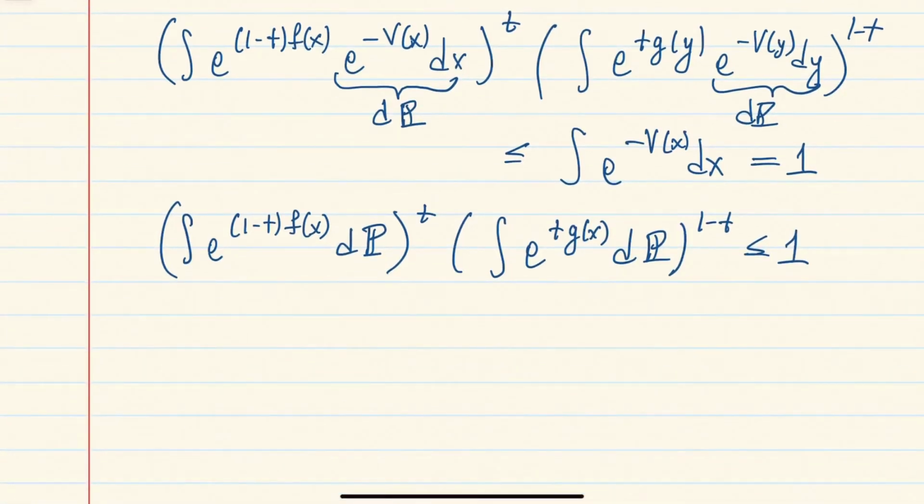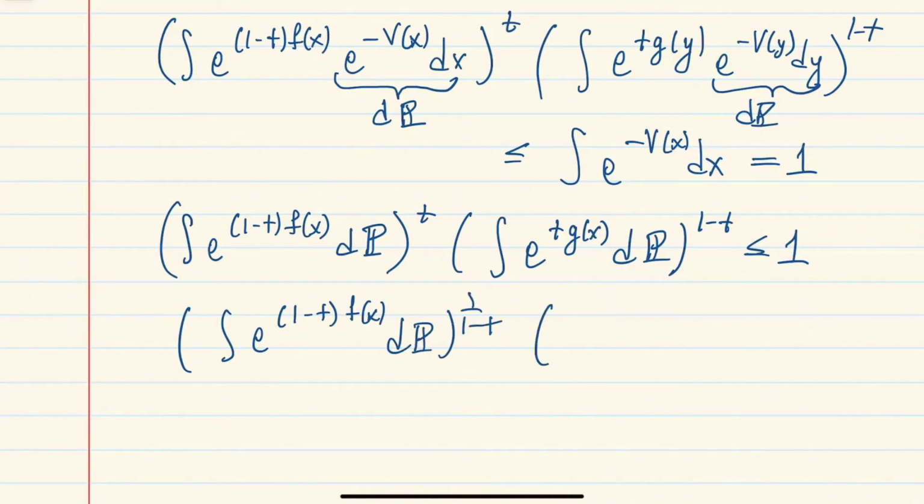Now we take a power 1 over t and 1 over 1 minus t, so that the first integral will be the L^p norm with p equals 1 minus t of e to the f of x. And the second will be the same integral to 1 over t. Okay, and this is less than or equal to 1.